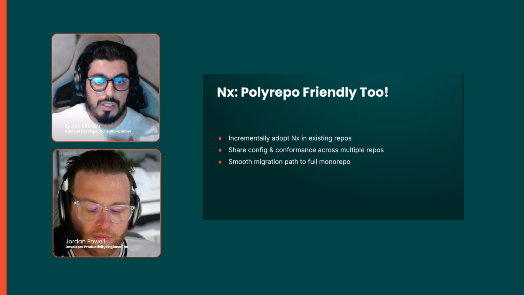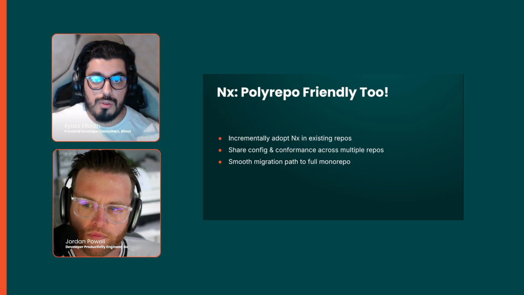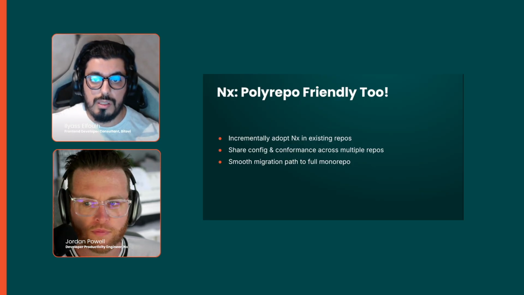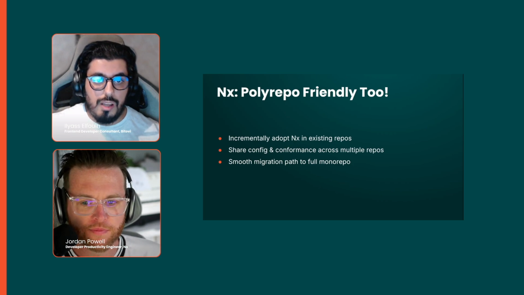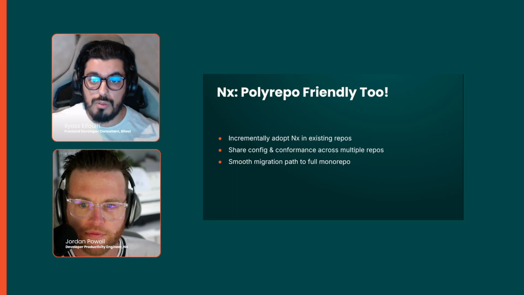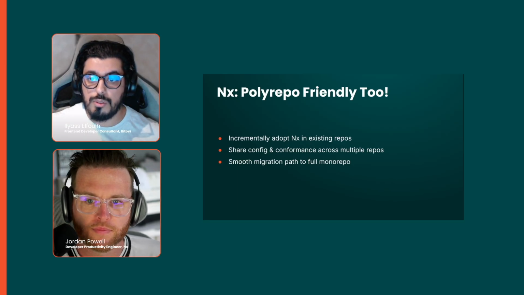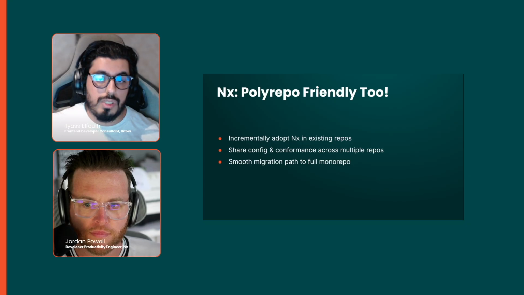Now, while Nx shines in a monorepo setup, it's also polyrepo friendly, and that's something a lot of teams miss. You don't have to go all in from day one. You can incrementally adopt it in existing repos, bringing in powerful tooling and workflows without having to restructure everything overnight.